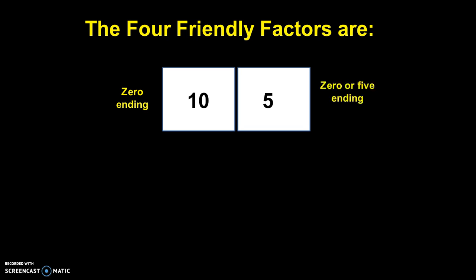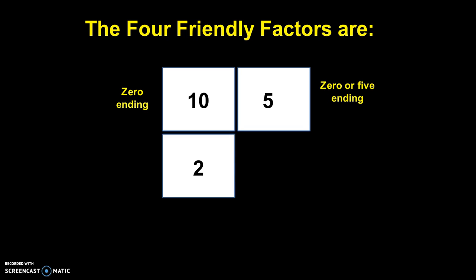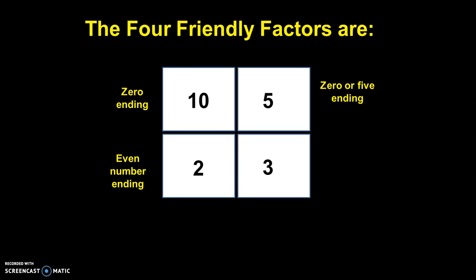Next one is 2. We know that 2 is a factor if the number ends with a digit that is an even number. And finally, 3. Now 3 is a slightly bit more involved, and this is where the digit sum rule comes in.